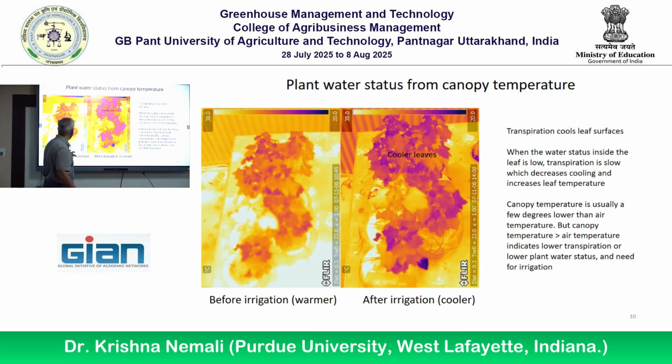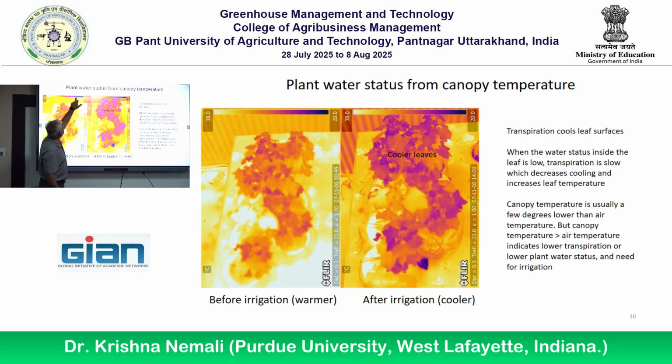See, here's an example here. This is the same plant, same set of plants. These both pictures are from the same plant. This was taken before irrigation, this was taken after irrigation. Look at this scale at the top. White, yellow colors are, what is the temperature? 38 degrees Celsius.